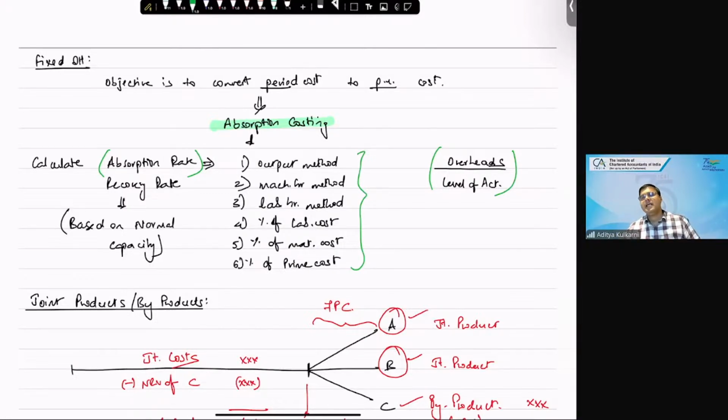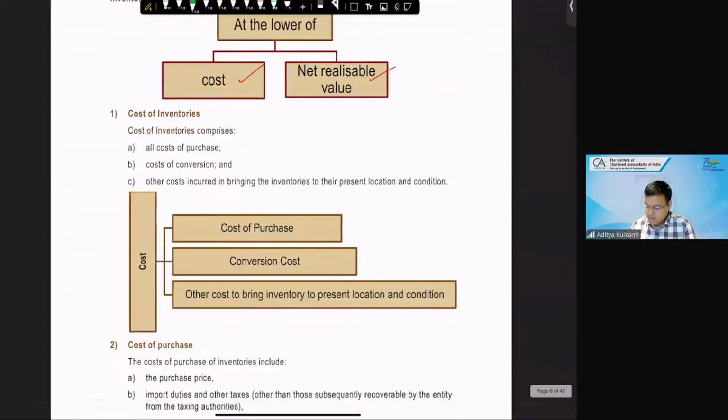So you have to select what is most suitable to your industry and apply that specific absorption. And this will be based on normal capacity. Okay. So that is all about absorption costing, which you will have to understand.